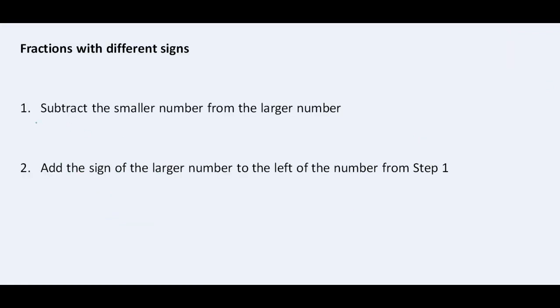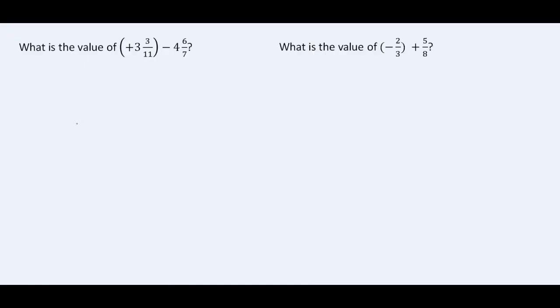Now, if the fractions have different signs, you're going to subtract the smaller number from the larger number, and then you're going to add to the result the sign of the larger number in the original question. So let's apply that to this here. So here, this is going to be your larger fraction just because the whole number is 4.